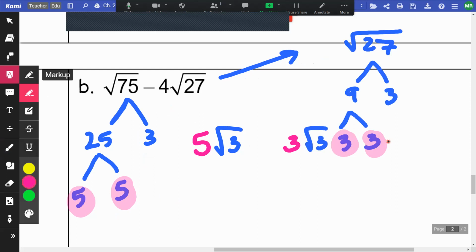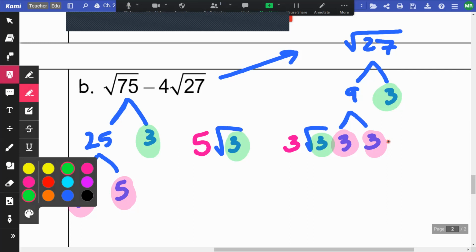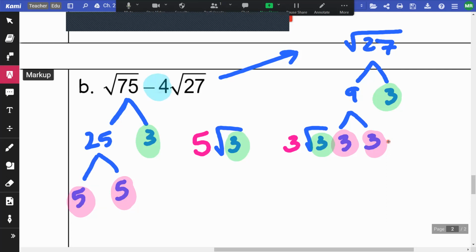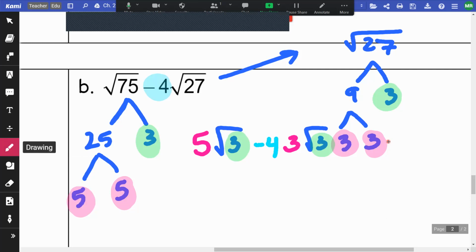So let me highlight: that one was left here, and this one was left here. Now, there was a -4 here, so there still is a -4 times.